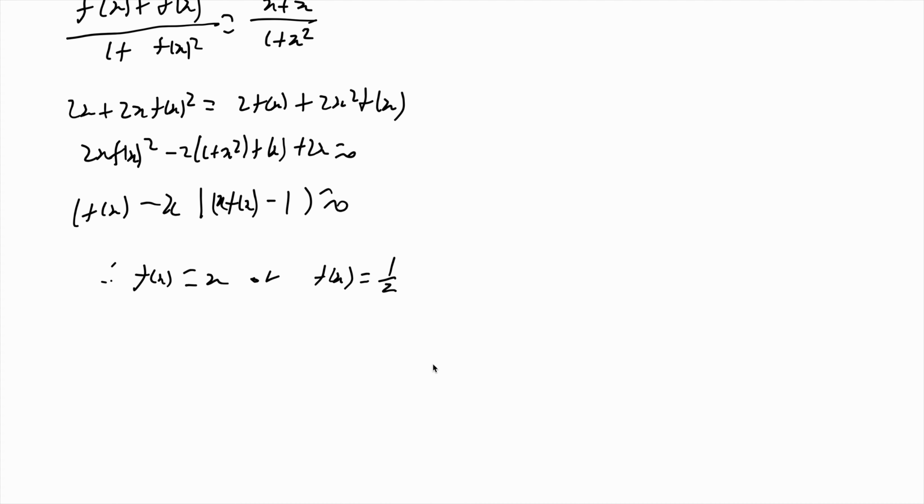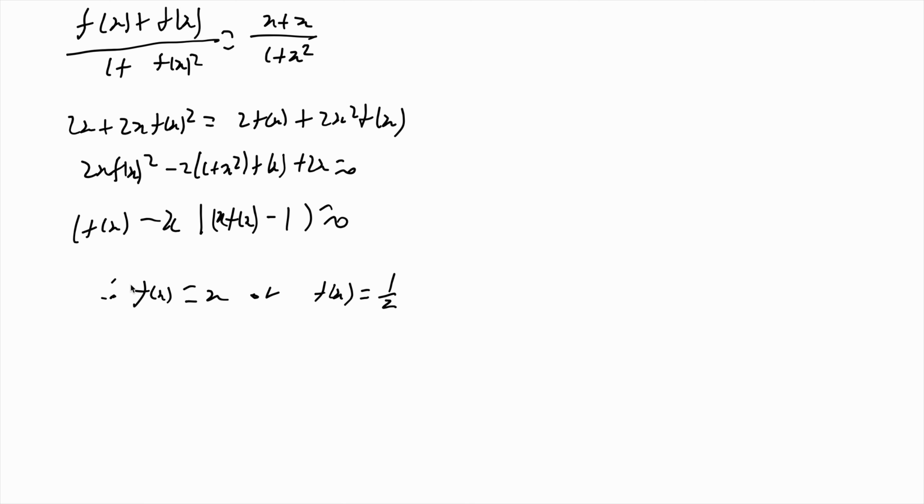Now, I think if I was the one solving this problem, I would have stopped here and not gotten full credit, because I didn't know that we also need to consider the case when f of x is a piecewise function.